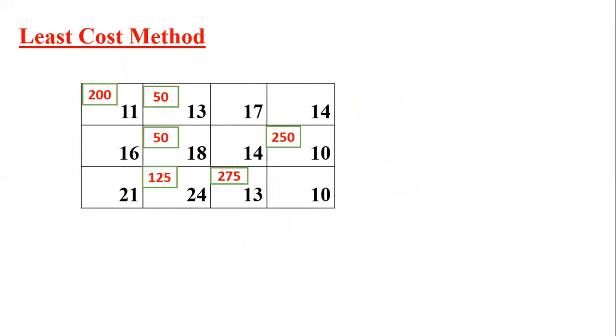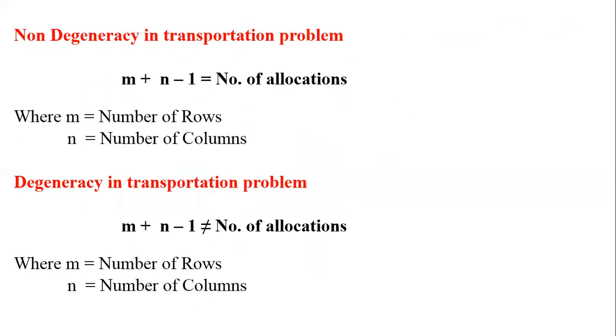This is the least cost method table. All supply and demand values are fully allocated. And the next condition is the most important condition: degeneracy and non-degeneracy checking. m plus n minus 1 equal to the number of allocations, where m is the number of rows and n is the number of columns. If m plus n minus 1 is not equal to the number of allocations, it is a degenerate problem.